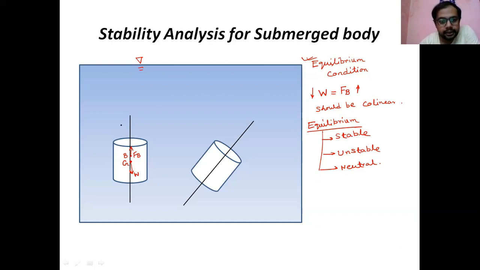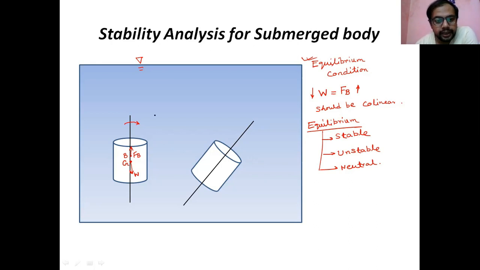What does it mean? Here this body is under equilibrium. Now if you give a disturbance, some angular tilt, and leave it, check whether equilibrium is established again or not. If it is established again, we can say it is a stable equilibrium. If it is not established again, it is unstable equilibrium.